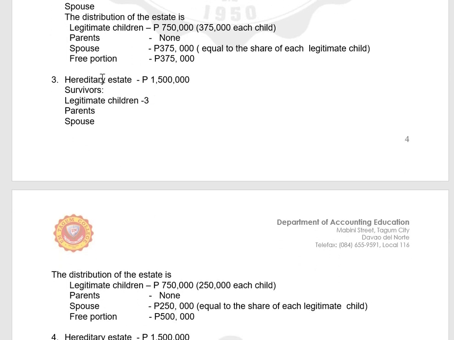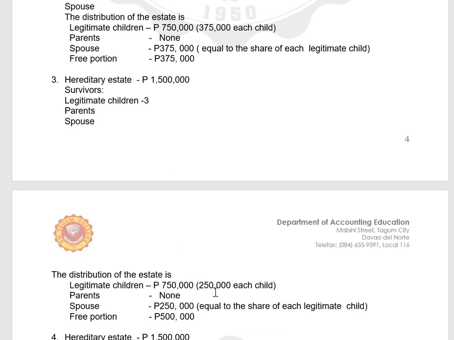Okay, next, ito other example. The hereditary estate is 1,500,000. The survivors are tatlong legitimate children, parents, and spouse. So, still, same kanina, no? Walang ma-receive sa parent. And then, since tatlo yung children niya, so half of the hereditary estate, which is 750, i-divide mo ng 3.